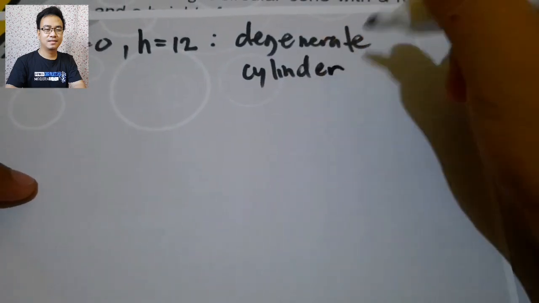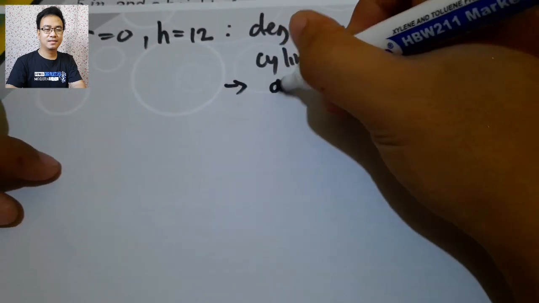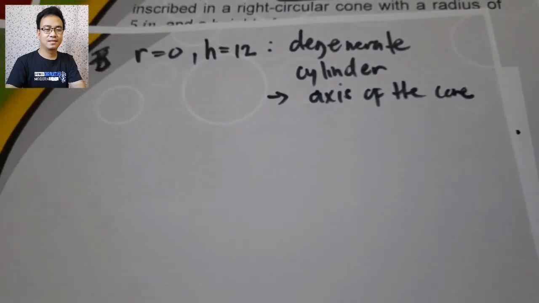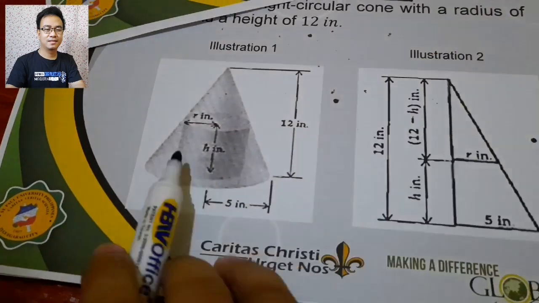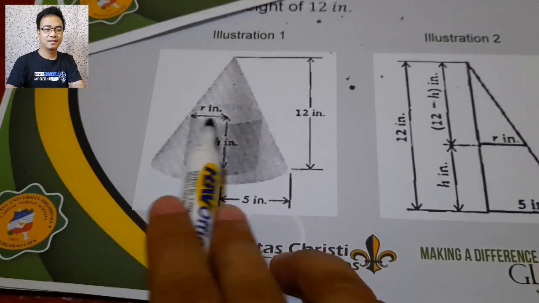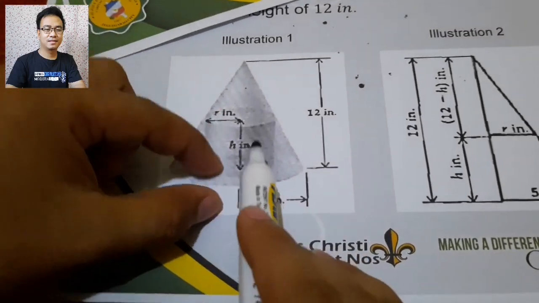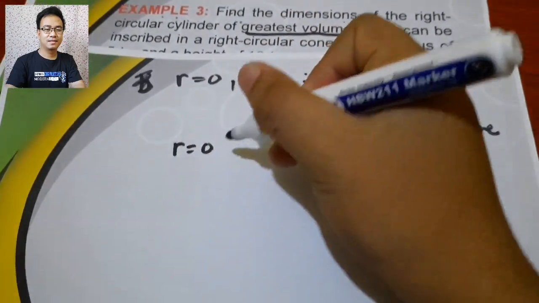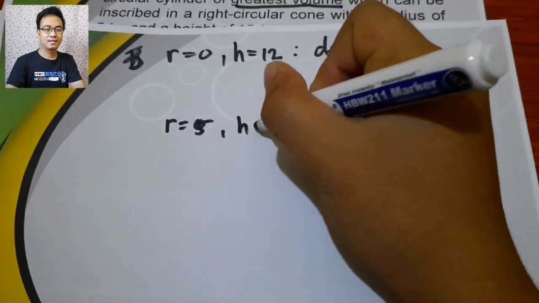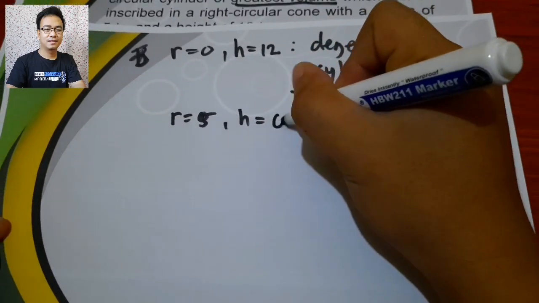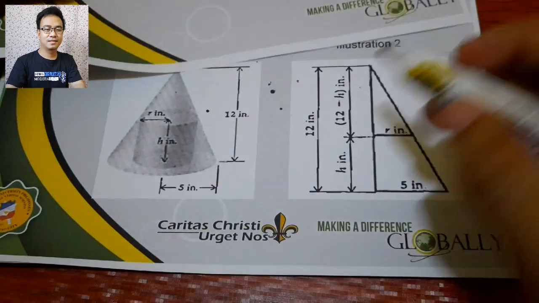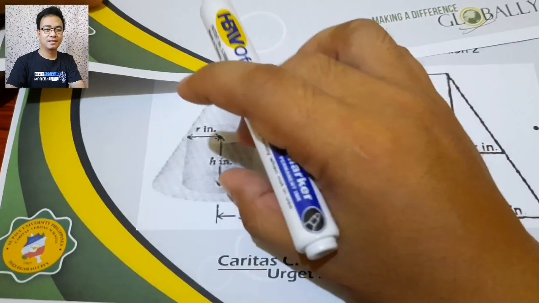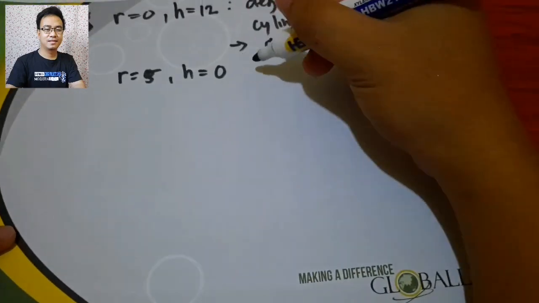And this is actually the axis of the cone. Also, kung gagawin mo namang 5 yung radius ng cylinder na yan, tapos gagawin mong 0 yung kanyang height, if we let this r be equal to 5 and yung height ay 0, also magkakaroon tayo ng flat, which is not the standard form of a cylinder.